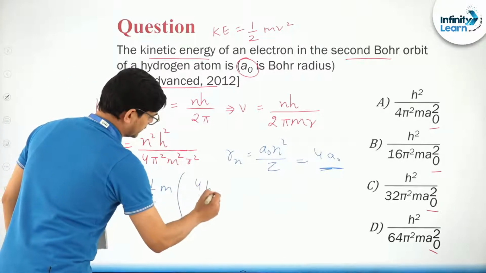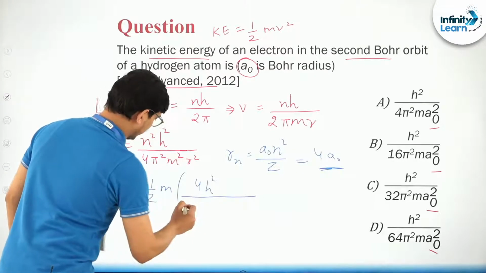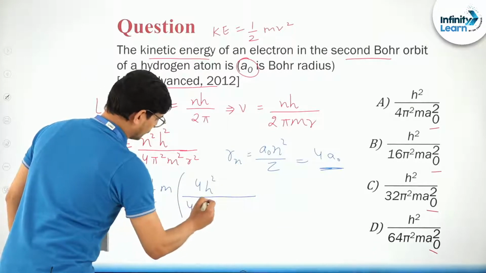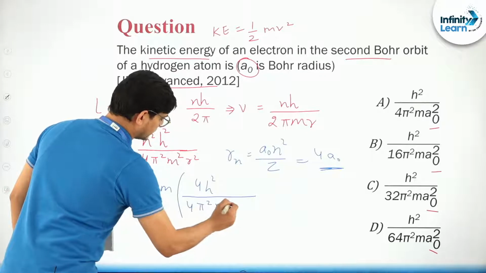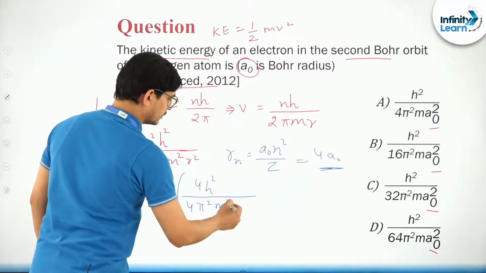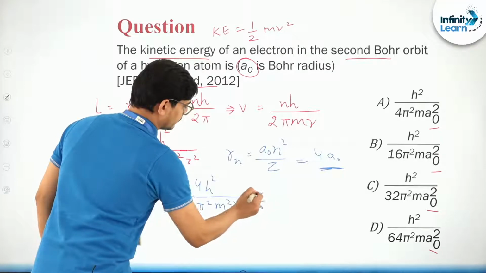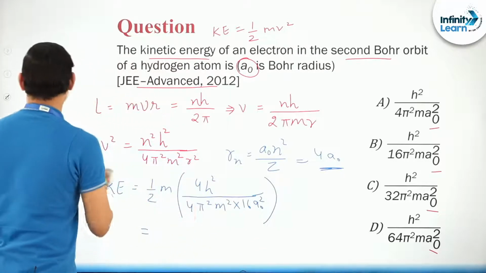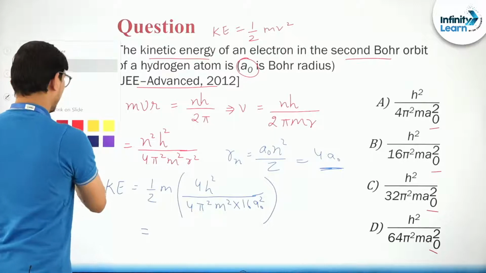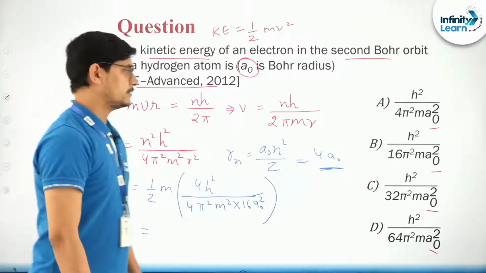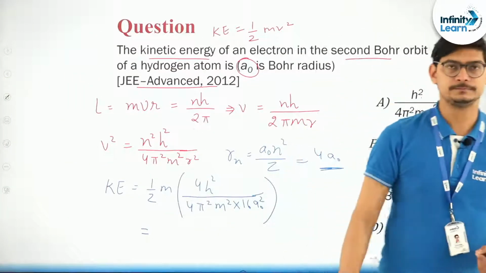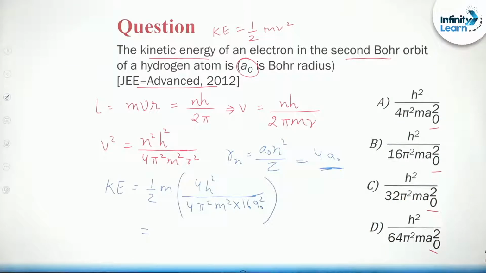So this is 4h square divided by 4 pi square m square, and r square is 16a0 square. You just have to simplify this.